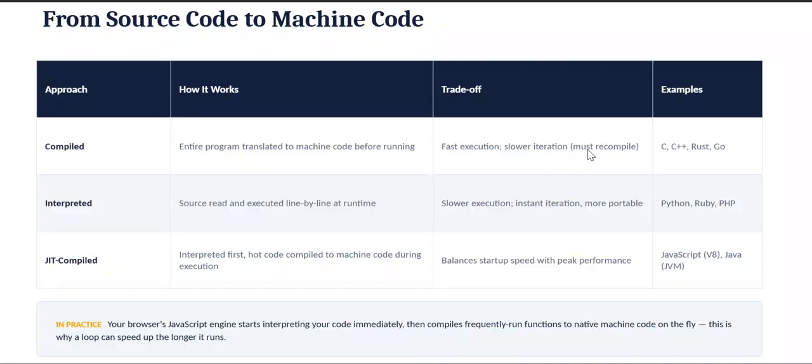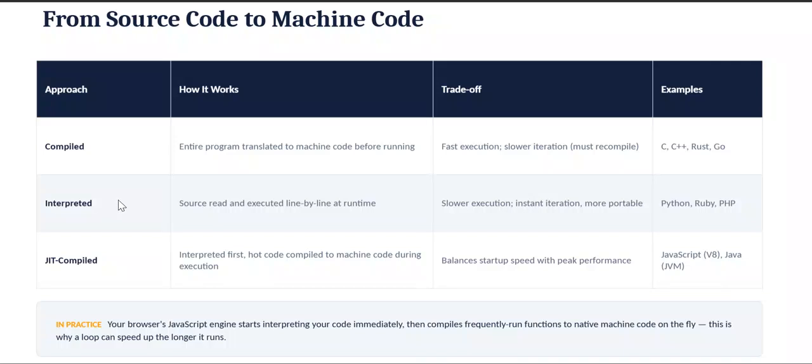When the program is translated completely to machine code, it runs faster after that, but it becomes slower because it has to compile everything from the beginning. Examples of programming languages that use this compilation approach are C, C++, Rust, and Go.